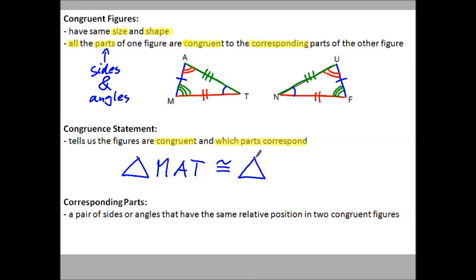So see, we started with M going to A and T, so we have to start with F going to U and N. So triangle MAT is congruent to triangle FUN, and we have just proven that math is fun.